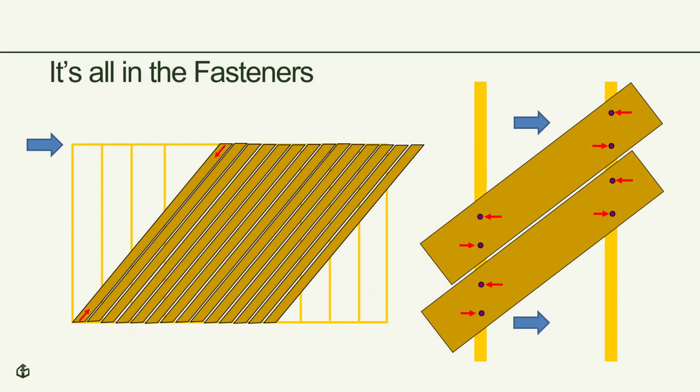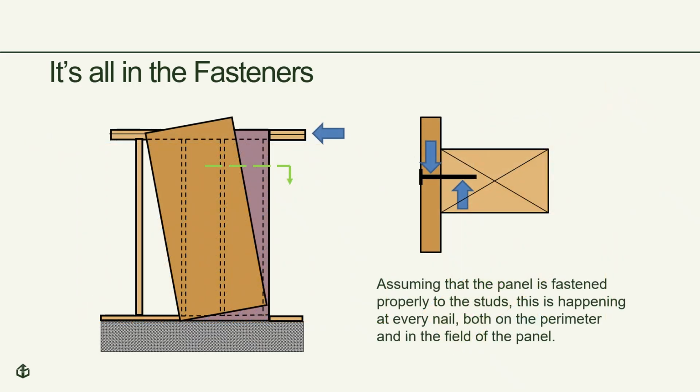It's also important to recognize that when applying the braces, ultimately everything relies on the fasteners. Here in this illustration, you can see how the force is pushing and pulling on the individual fasteners as it resists the load. This shows an individual fastener as the load is transferred.